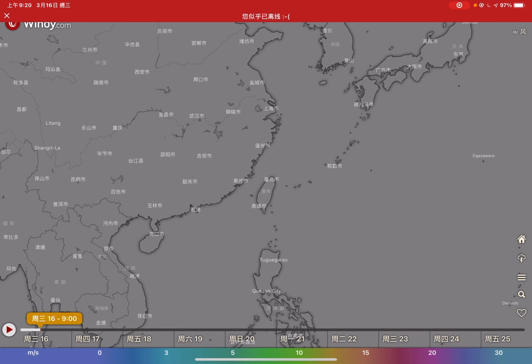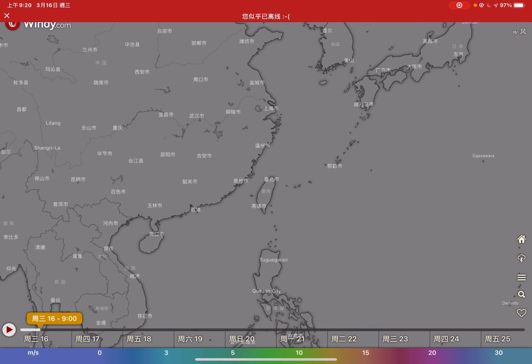If you have Wi-Fi, you can show the current weather on Taiwan, and you can see somewhere it's higher pressure. In case you can check from your cell phone. Right now it's good weather, so that means there are some higher pressures around Taiwan island.